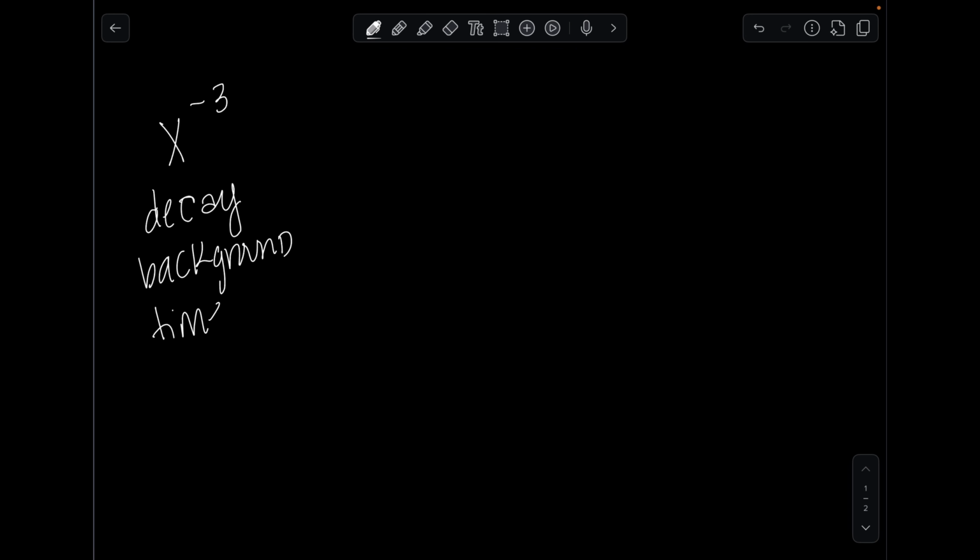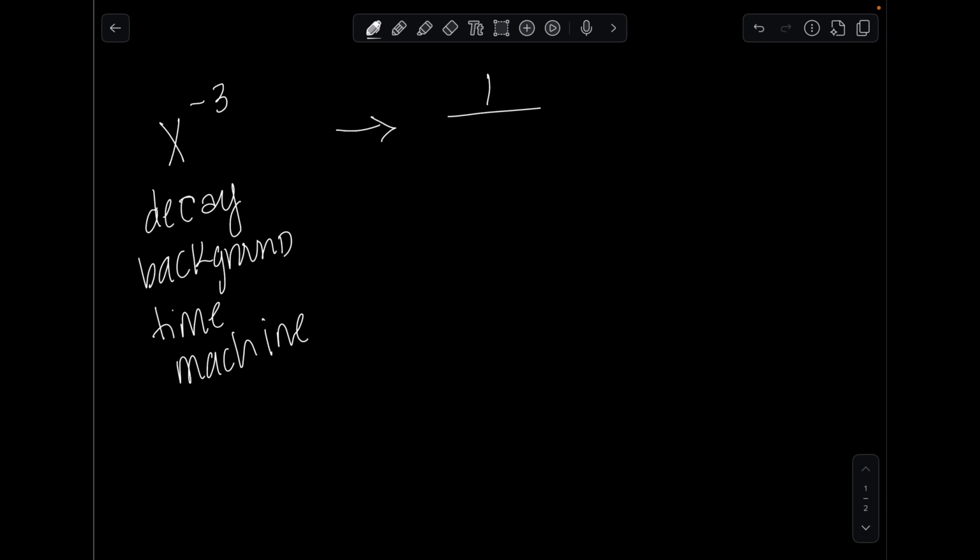Say you have x to the negative 3rd power. Not cute. Scientists don't do that. We don't keep exponents negative. This means decay. It means going backwards in time. It's just a time machine. It's fine, we just don't write it like that. So let's show the time machine more properly, okay?